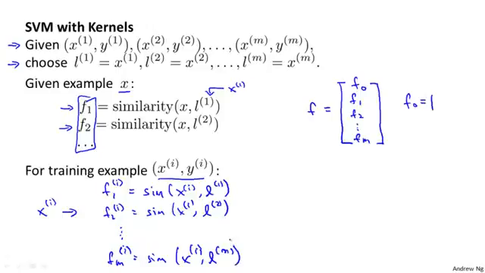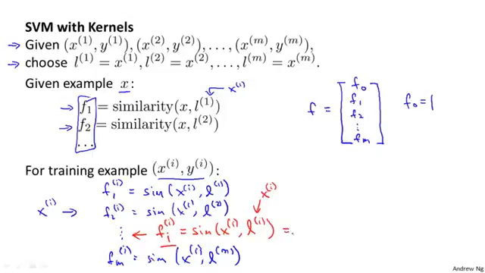And somewhere in this list, at the i-th component, I will actually have one feature component, f subscript i, which is going to be the similarity between x and Li, where Li is equal to xi. And so fii is just going to be the similarity between x and itself.